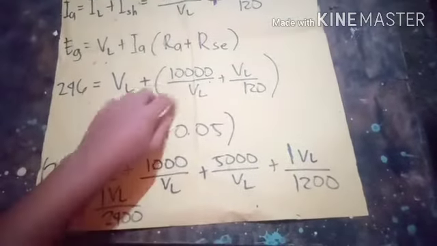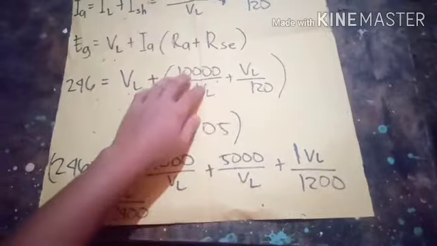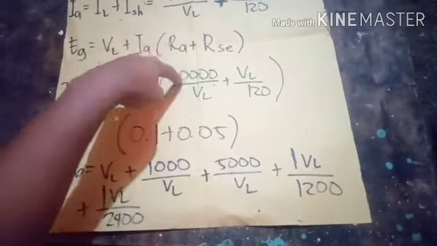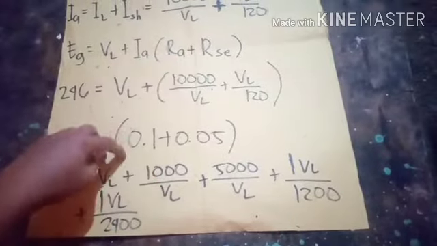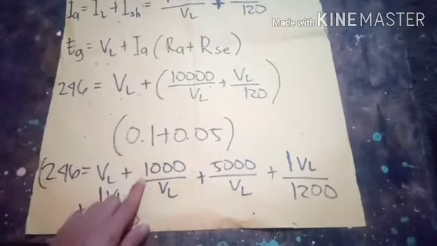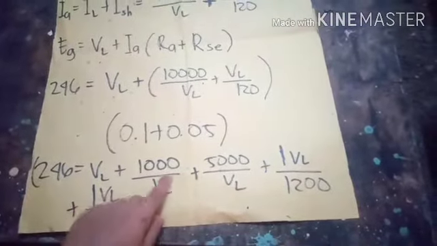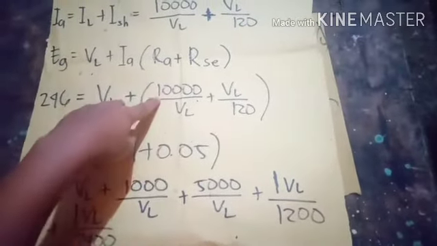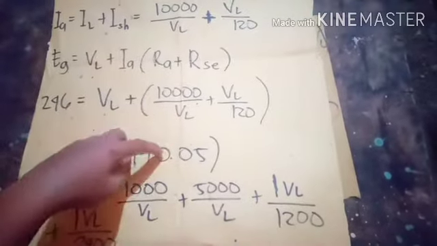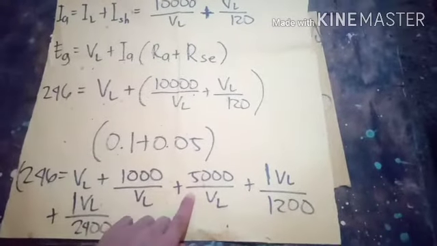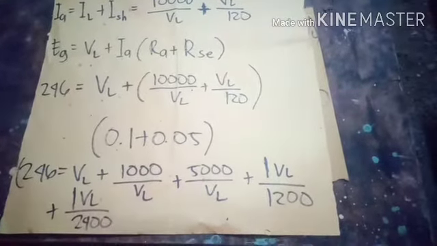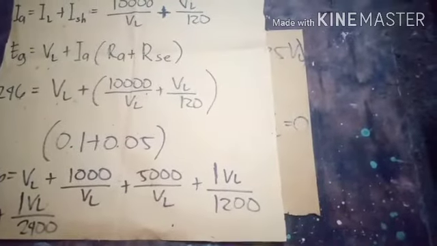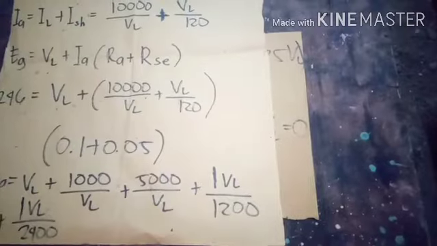So we are going to use here the FOIL method or the distribution. Distribute: 10,000 over VL times 0.1 is equal to 1,000 over VL. Then 10,000 over VL times 0.05 is equal to 500 over VL. This is not 5,000, it is 500, sorry.